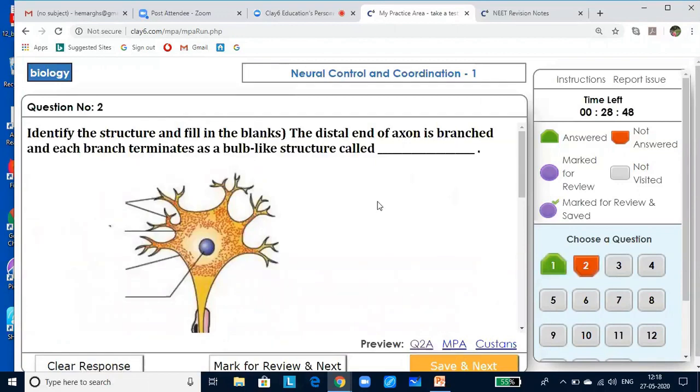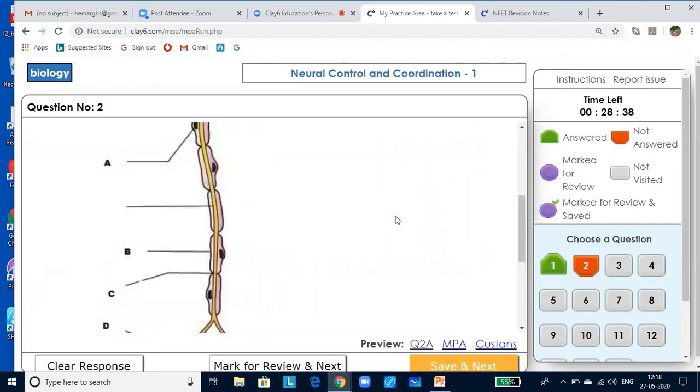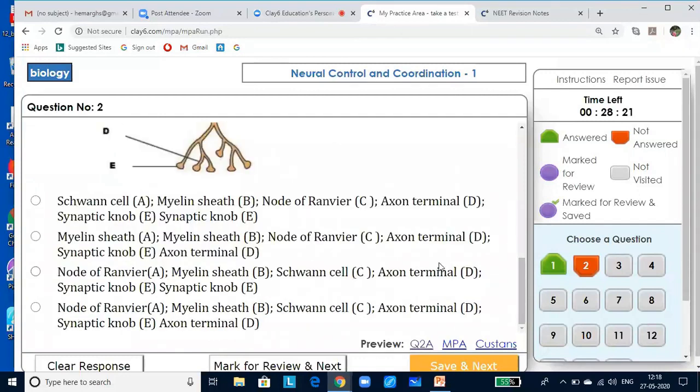Identify the structure and fill in the blanks. The distal end of axon is branched and each branch terminates as a bulb-like structure called the synaptic knob. So these are the different parts you are supposed to identify. A is the Schwann cell, B is the myelin sheath, C is the node of Ranvier, D is the axon terminal, and the synaptic cleft and the synaptic knobs.